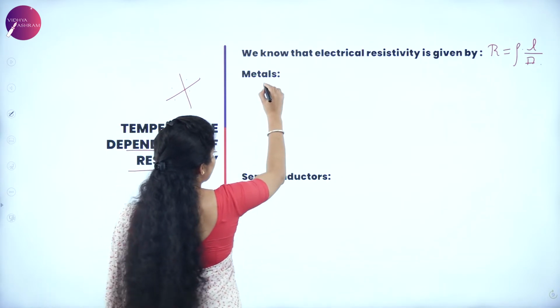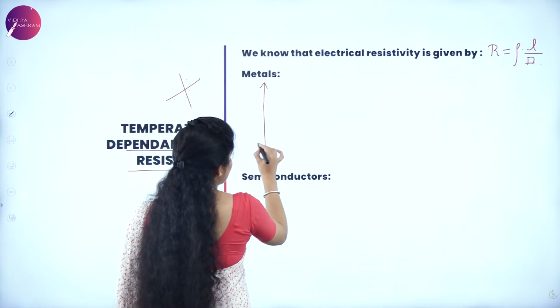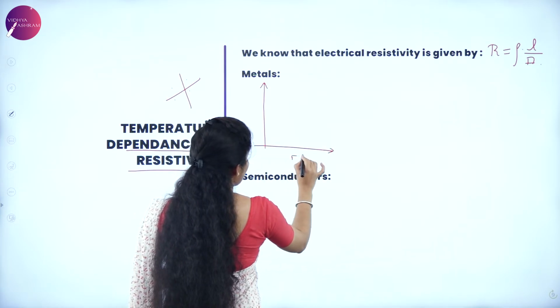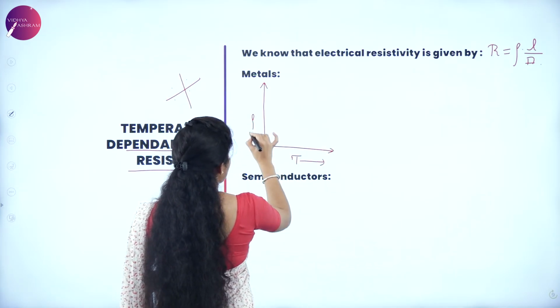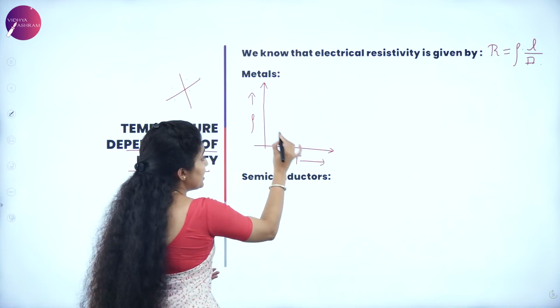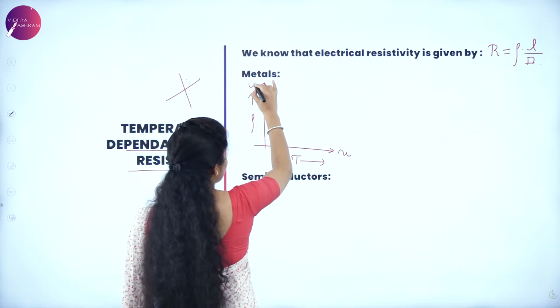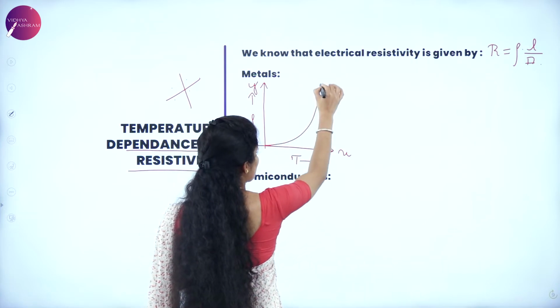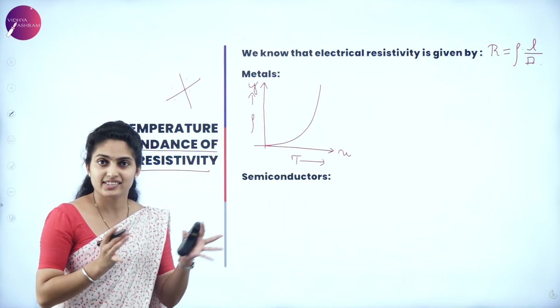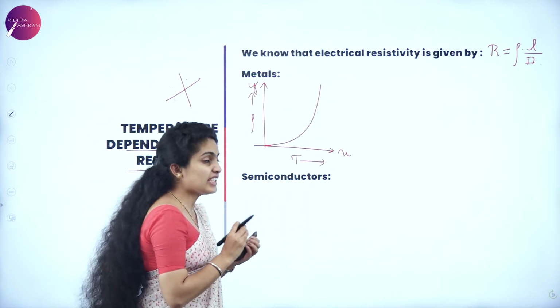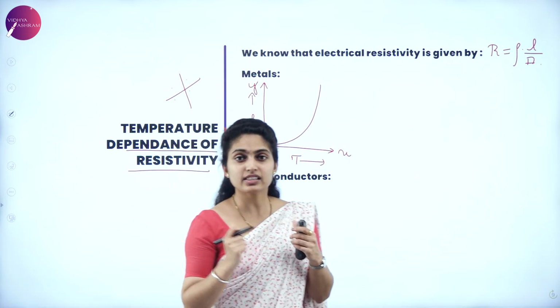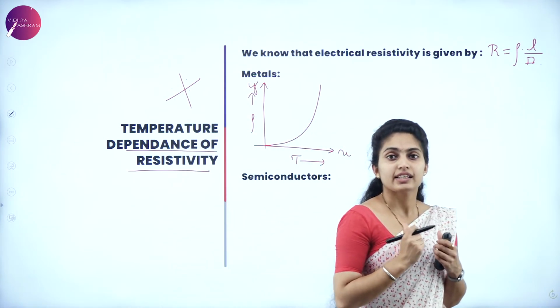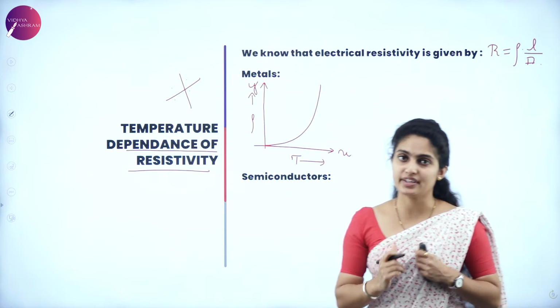So you have a graphical representation wherein you are measuring the resistivity against temperature. We have the graphical representation in this way. What does this mean? This is the curve given by the copper metal.